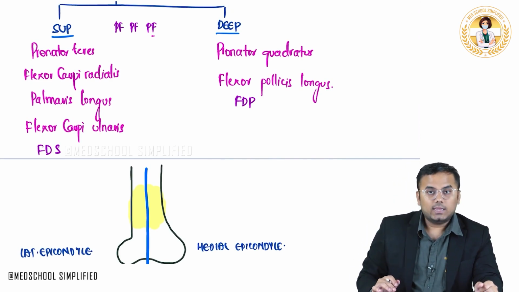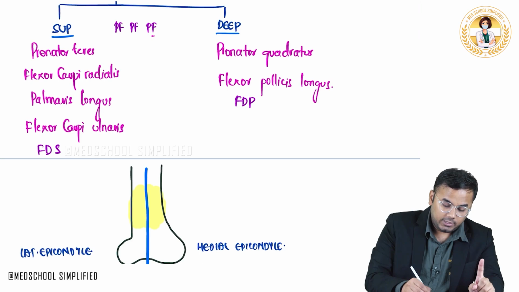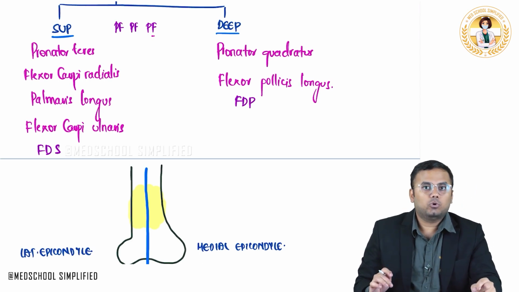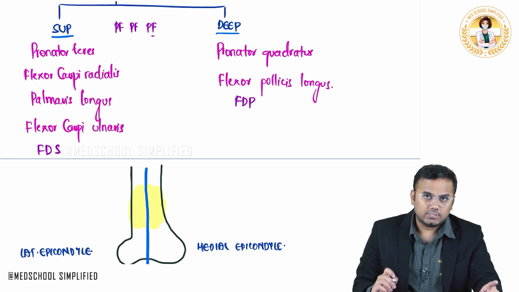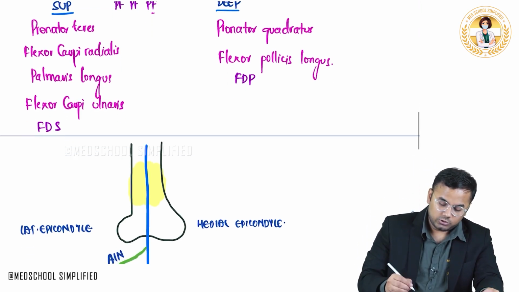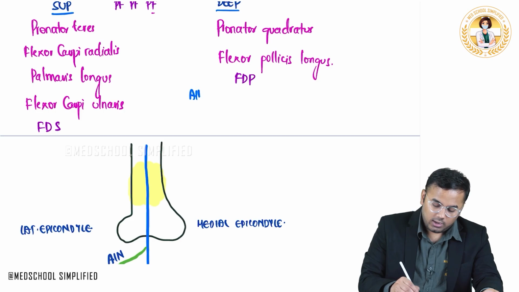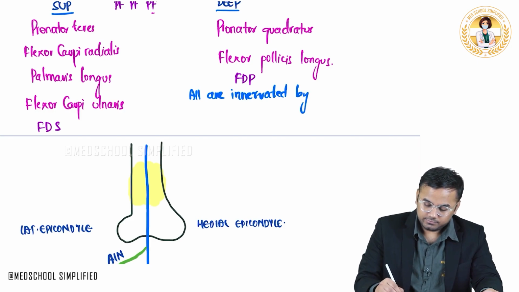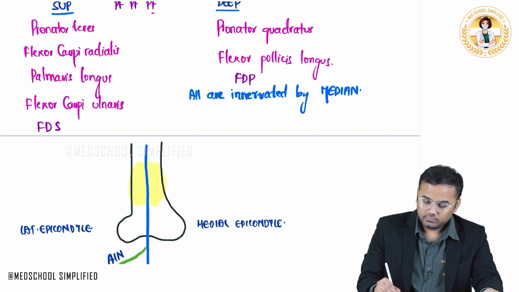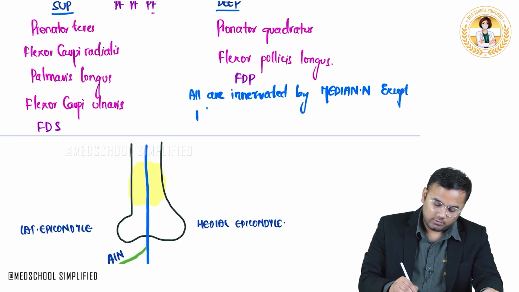Now out of all these, remember one very important thing. All these muscles which I have told you are innervated by the median nerve except 1.5 muscle. So let us write that. All are innervated by the median nerve except 1.5 muscle.